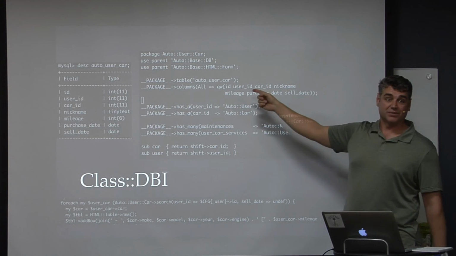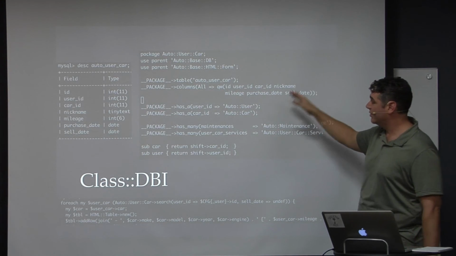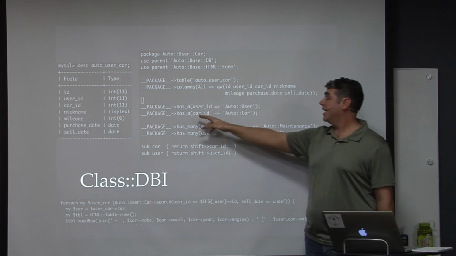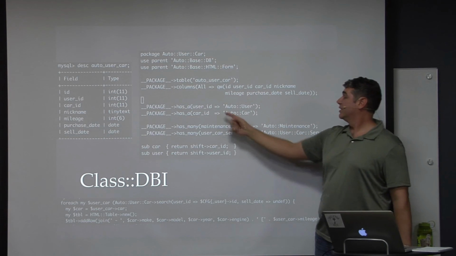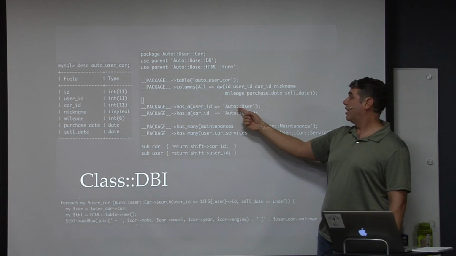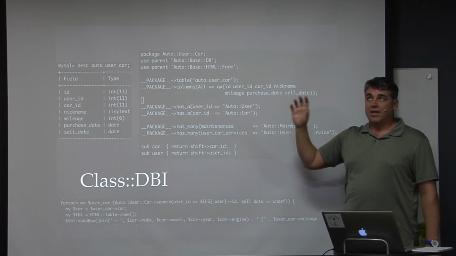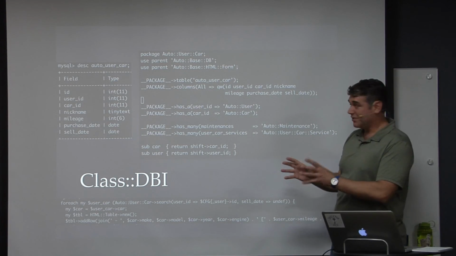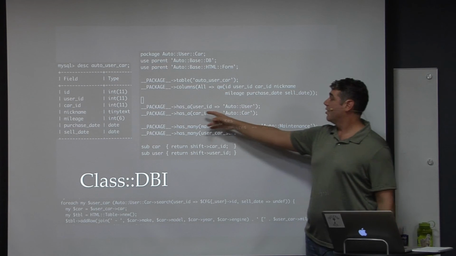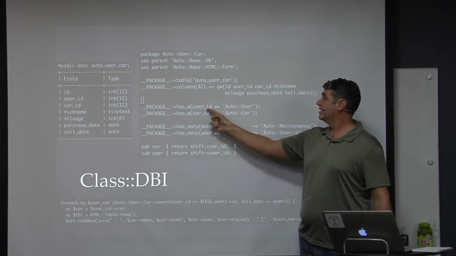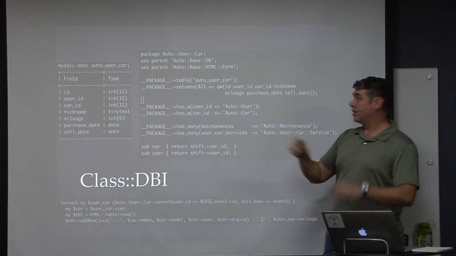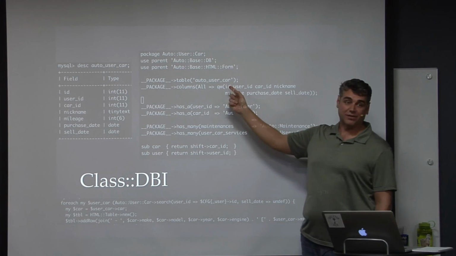And you can get pretty fancy with this. You can say these columns are write only, these are whatever. You can also tell it, hey, this user ID here points to auto user, and Class::DBI knows what your primary key is for an ID, so it knows through this that user ID in the user DTO points to the ID field.